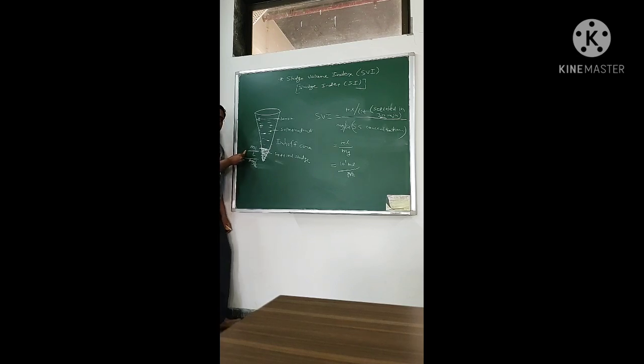So this is the volume of sludge deposited after 30 minutes, and this is the concentration of suspended solids present in the mixed liquor, which we can measure after one day, or overnight.